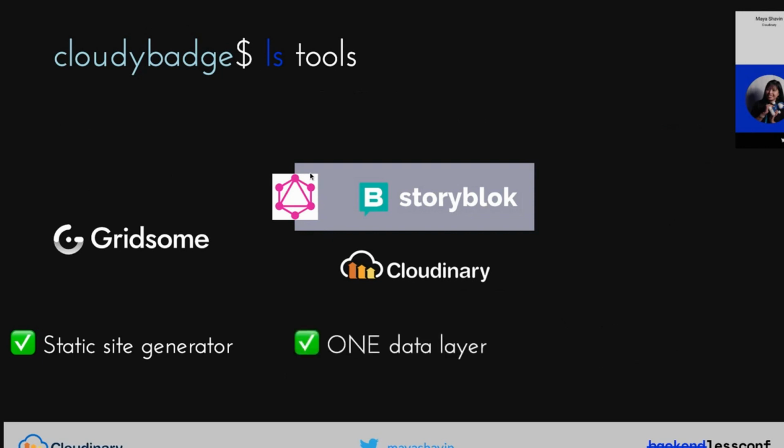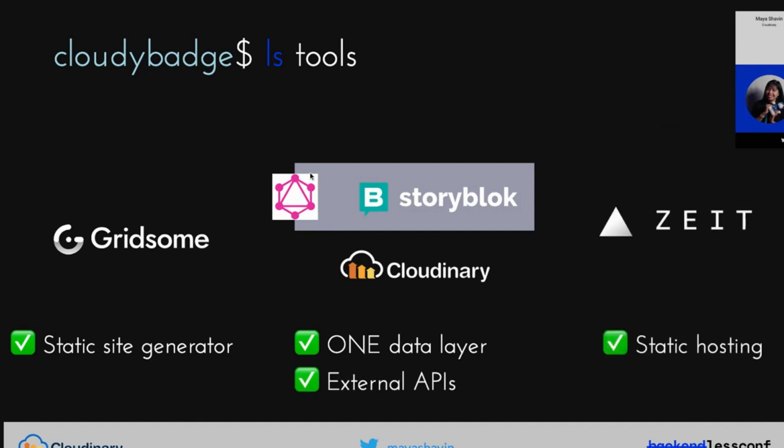So in the future, if we find out that Storyblok is not very suitable for our application, we can actually remove it and change it to another CMS or other data source that we find more suitable, and we still don't need to touch our base code because we only deal with GraphQL and external API. And finally, we will deploy it in Zite as a static hosting.